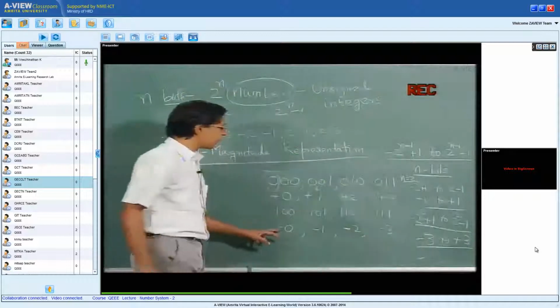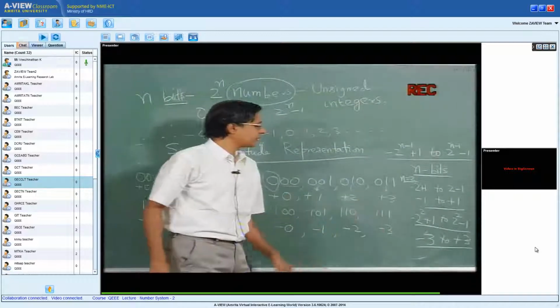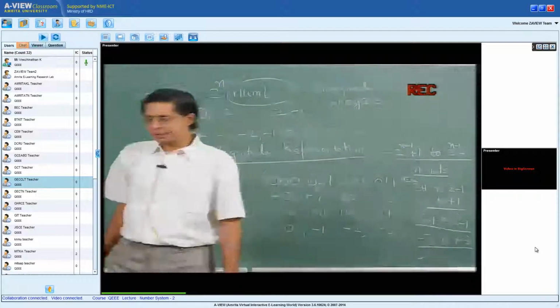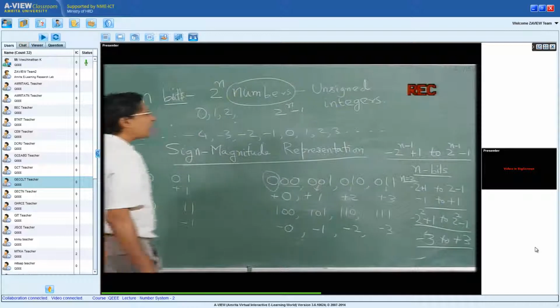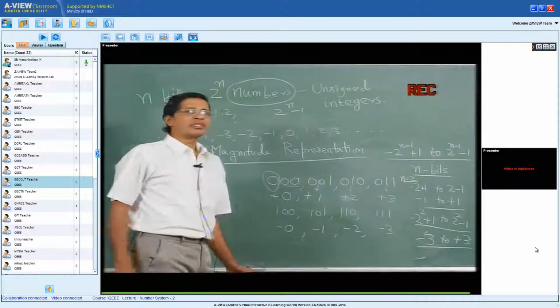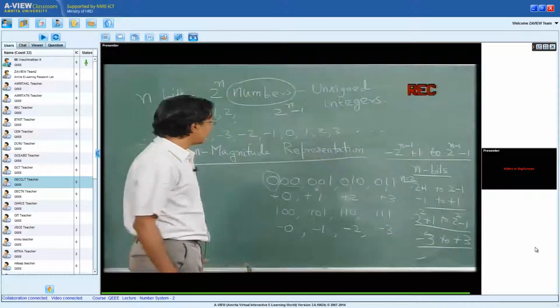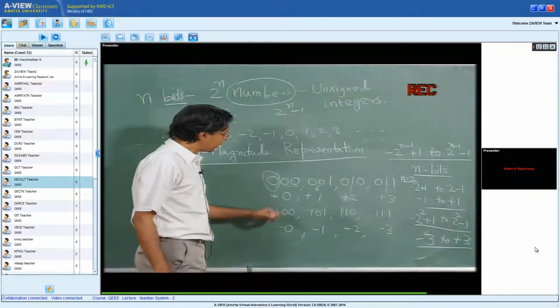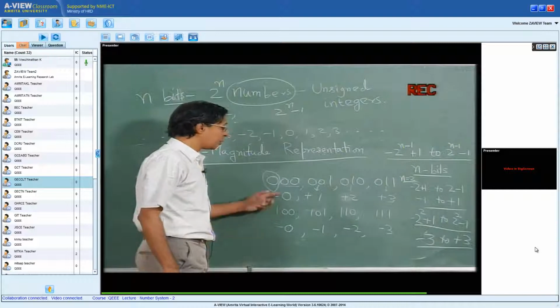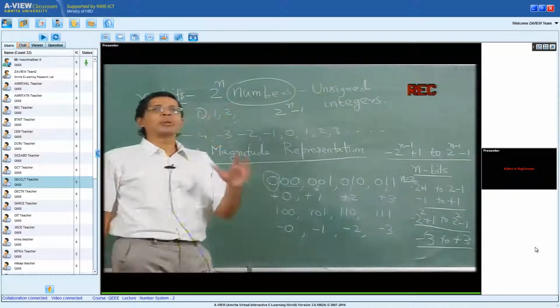You see here, this is minus 3 to plus 3. So this is the sign magnitude representation. One of the obvious drawbacks of this sign magnitude representation is we are wasting one important thing, namely plus 0 and minus 0.